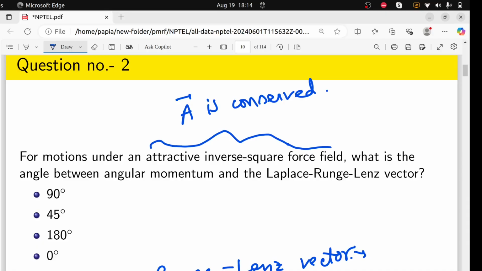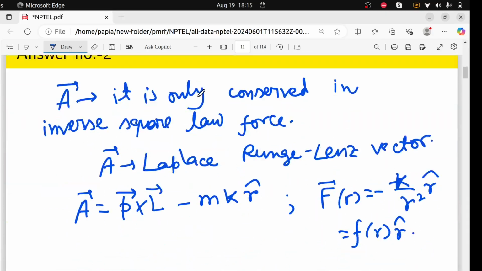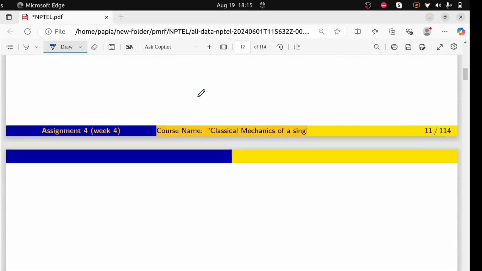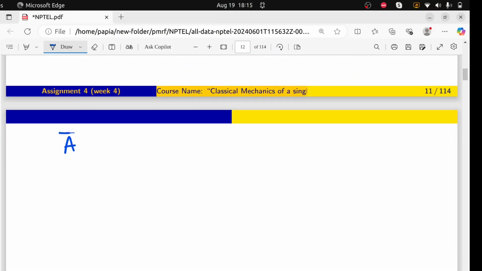So it means that what is the angle, that is A dot L. A dot L we have to calculate. Okay. So let me write here. Or L dot A. It is exactly the same, because these two are exactly the same.